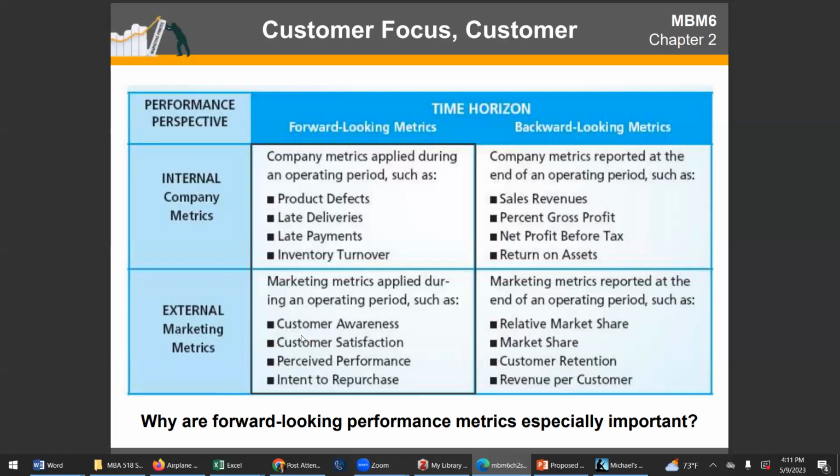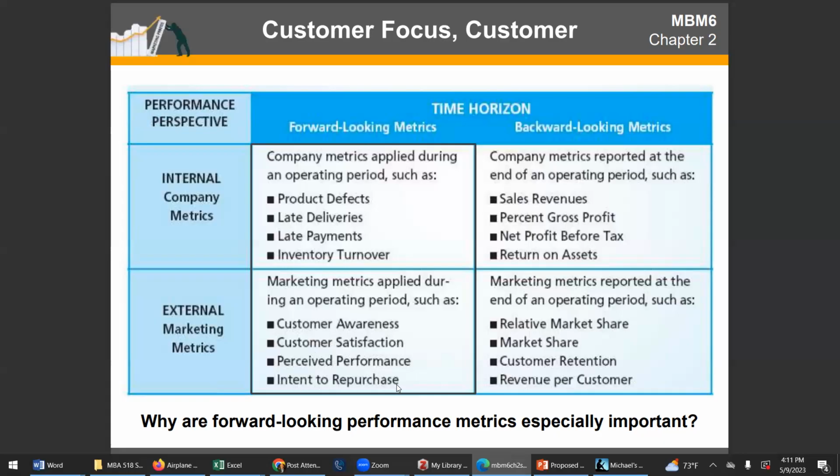So that's an external forward-looking metric. Customer satisfaction, same kind of thought process. Perceived performance, how are we doing in the eyes of the customer relative to their expectations and relative to competition? And then intent to repurchase, right?